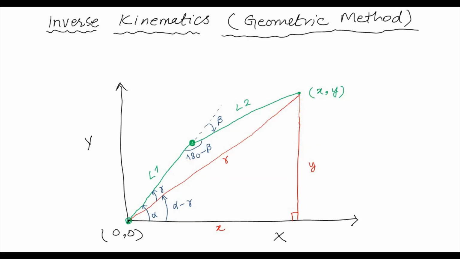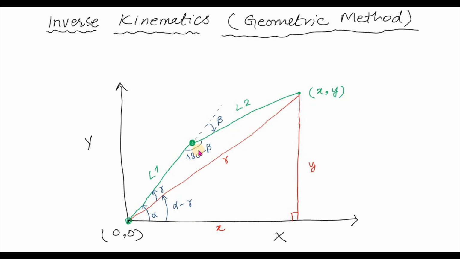Once the value of R is known, the second thing we can do is look at our second triangle, from this point to this point, and then to your end effector, and then back here. Because this is not a right angle triangle, we can use the cosine law to have a relation between the sides of the triangle and the angles of the triangle.